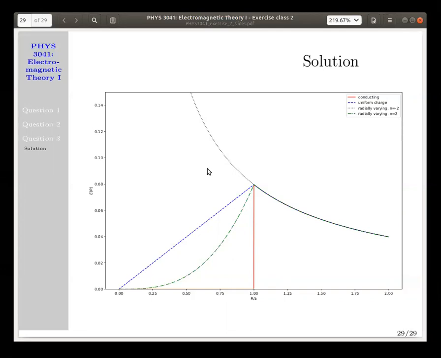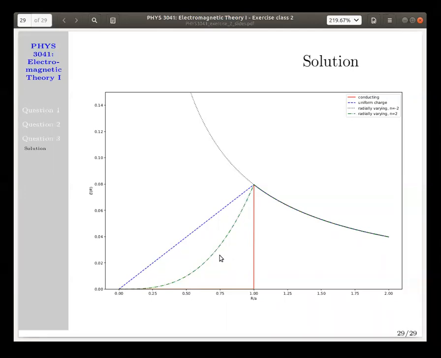So inside the sphere, you can see the one with the radially varying charge distribution and n equal to -2 is the strongest, and the second one is the one with uniform charge distribution, where the field varies linearly.